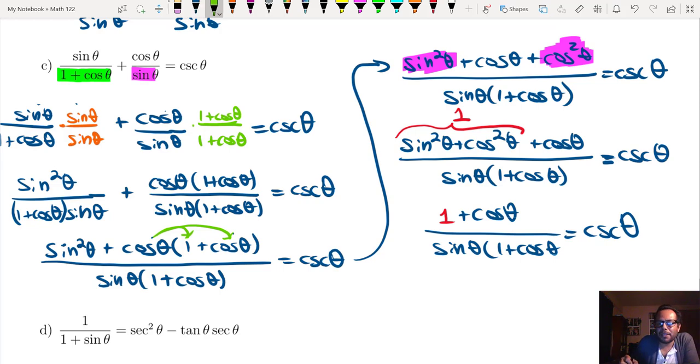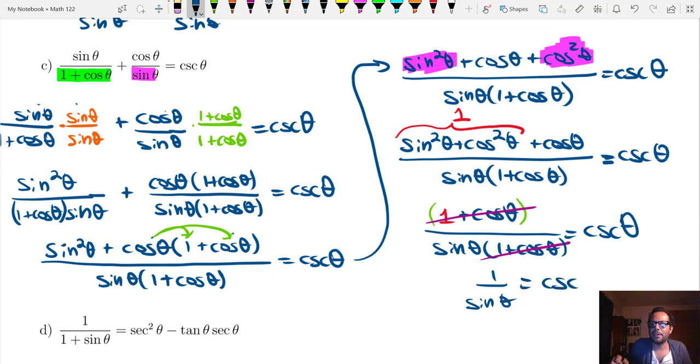Now, observe this. This 1 plus cosine theta, you might want to think of as having parentheses, and this one, boom, boom, cancels. And what are we going to get? 1 over sine theta equals cosecant theta.